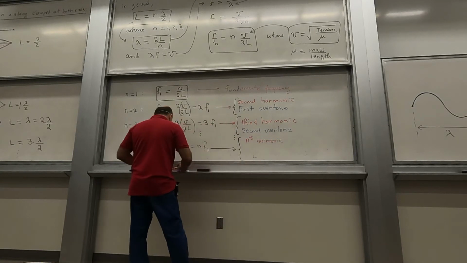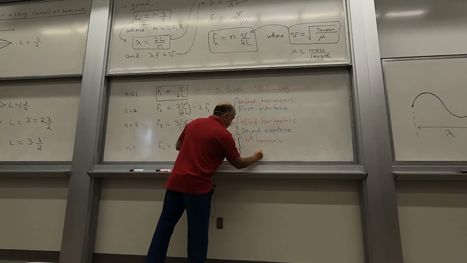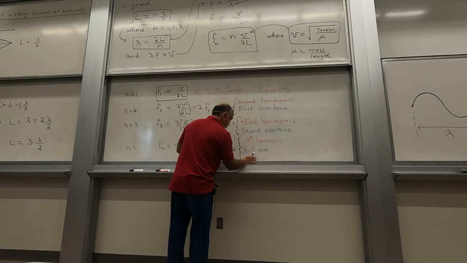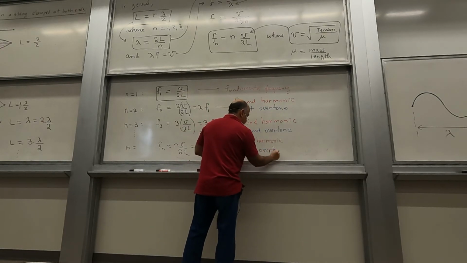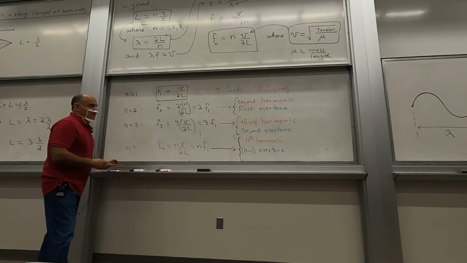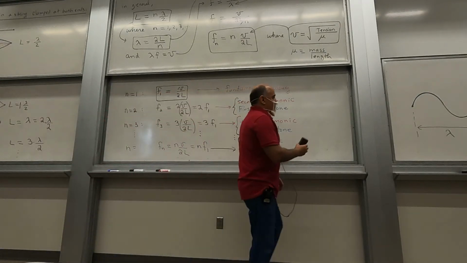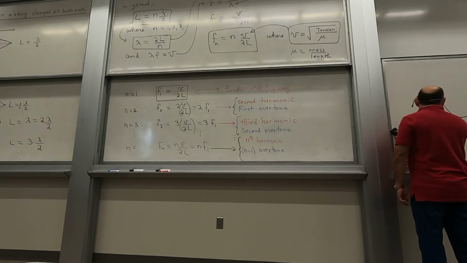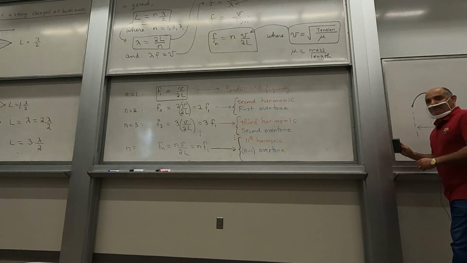But therefore, it would be the what overtone? N minus 1, exactly. Okay. Fundamental frequency is the lowest frequency. Are we good?